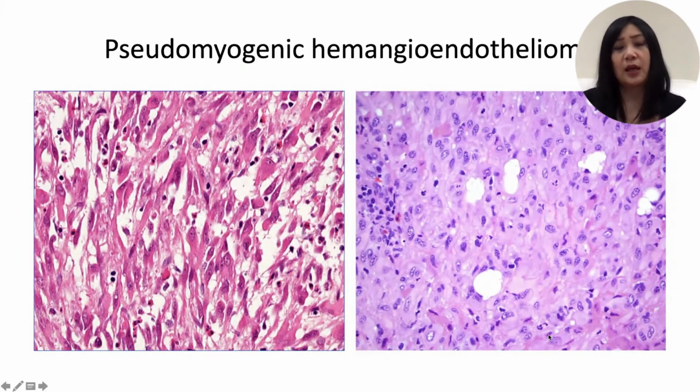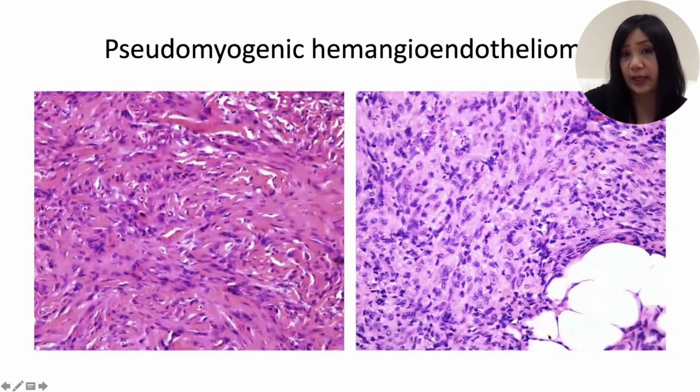So on the left, we see these sheets to fascicles of very plump, quite alarming looking spindle and sometimes ovoid to more epithelioid cells with a somewhat fibrohistiocytic morphology with vesicular nuclei, prominent nucleoli. And in a sheet-like distribution here with an inflammatory cell infiltrate, frequently containing scattered neutrophils, sometimes just very, very spindled.